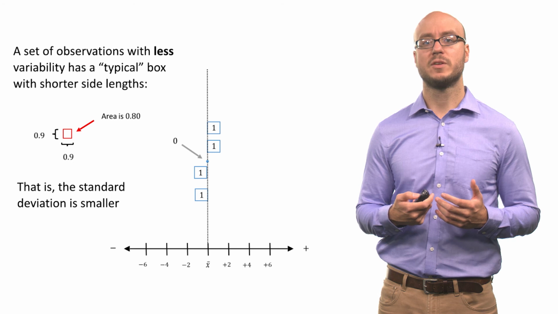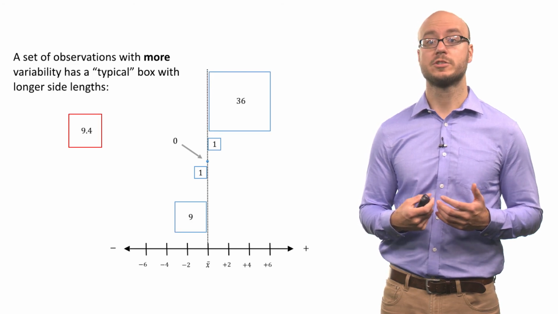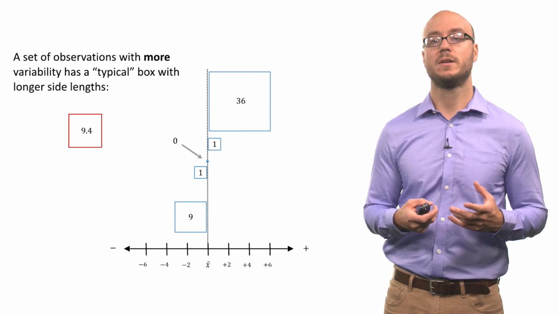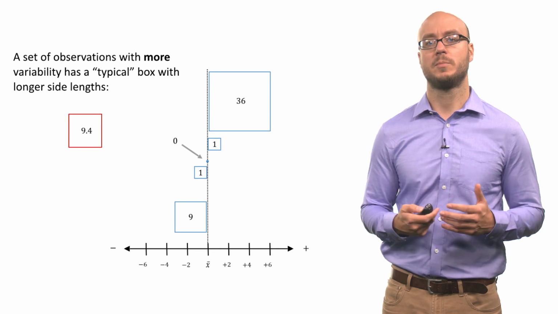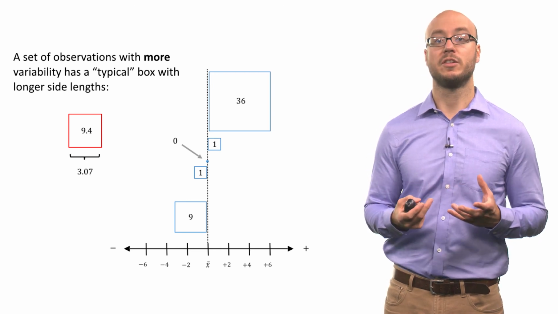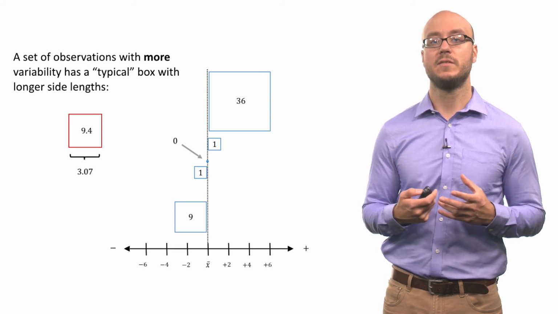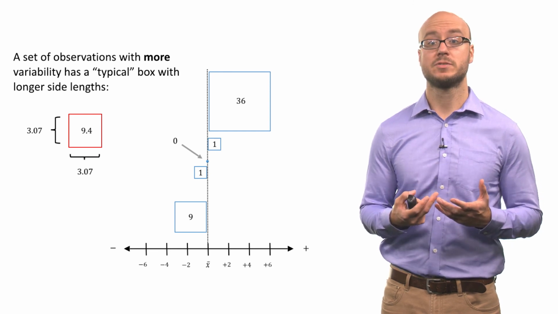If we look at a set of observations with greater variability, the variance is going to be larger. So the typical square deviation from the mean is 9.4. And if we take the square root of that, we get the side length of our typical box, which is roughly 3. And so that is the standard deviation. The standard deviation is simply the square root of the variance. And this standard deviation is larger.